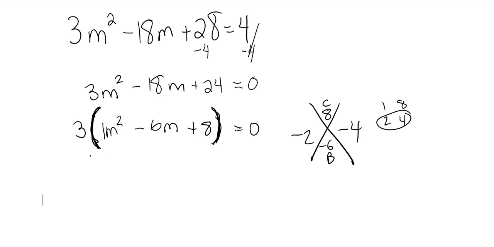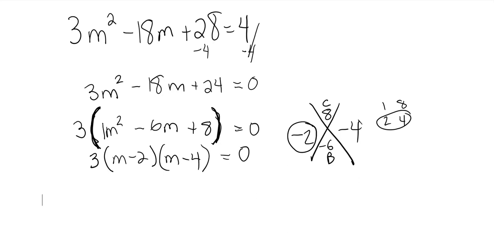So inside the parentheses, the 3 is still outside, 3, and we can now break that down even further into factored form, and we have m minus 2, because that was one of our solutions there, and then we have m minus 4, our other number that we got when we did our factoring. Now that we have it in complete factored form, we solve using the zero product property.